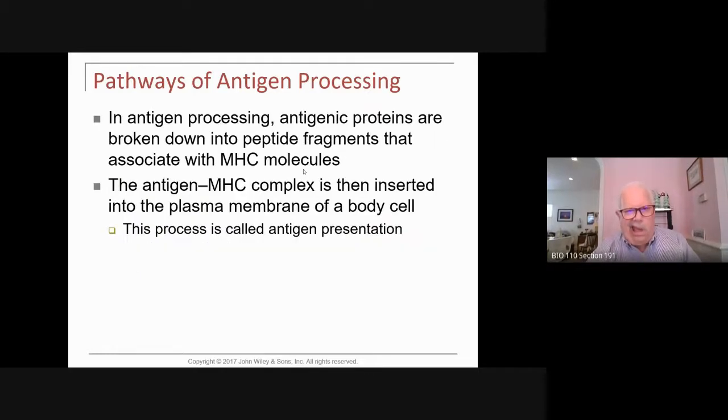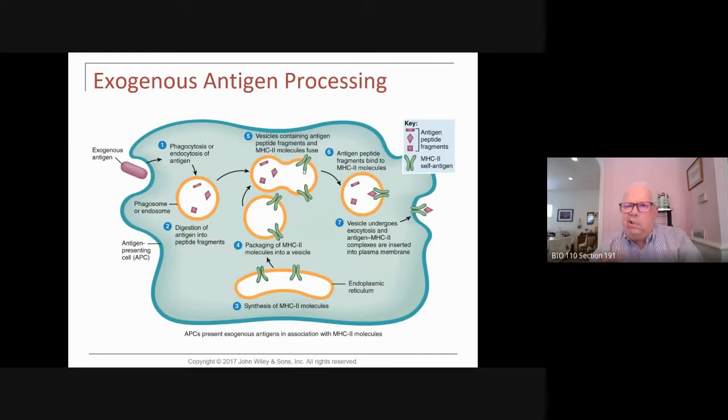In processing an antigen, the antigenic proteins are broken down into peptide fragments. These peptide fragments associate themselves with a complex known as the antigen MHC complex that is inserted into the plasma membrane of a body cell. This is known as antigen presentation. I want you to understand what antigen presentation is.